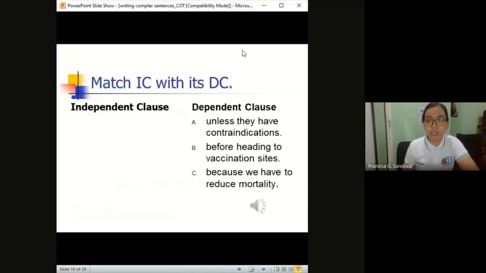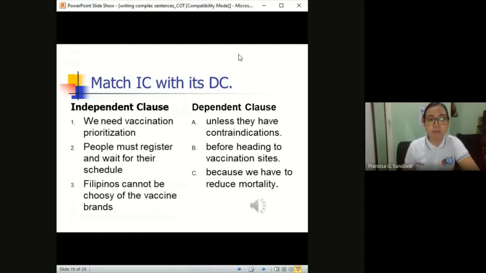Now let's try this, learners. Match independent clause with its dependent clause. Now, my dear learners, try to match independent clause with its dependent clause. 1.